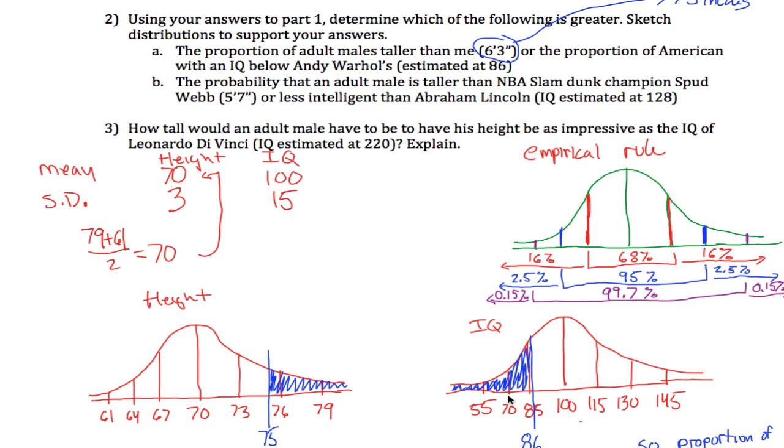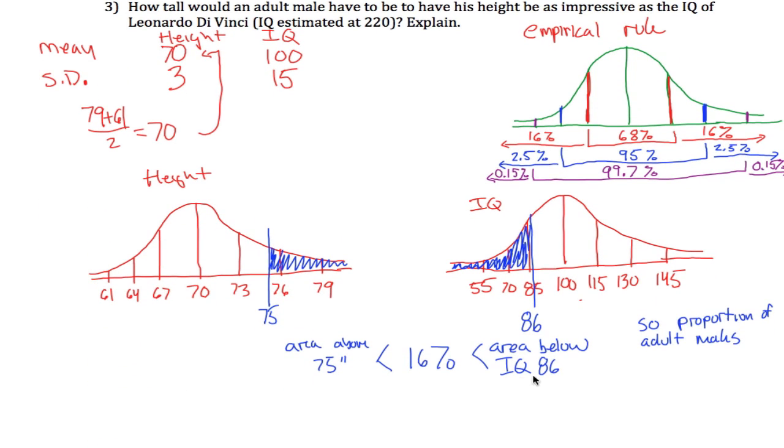So this one is bigger. So the proportion of Americans with an IQ below 86 is bigger.